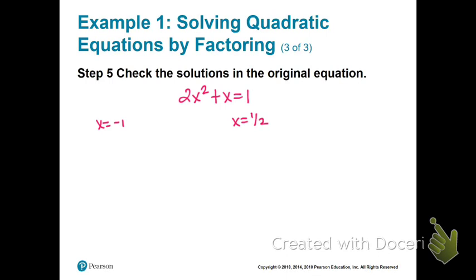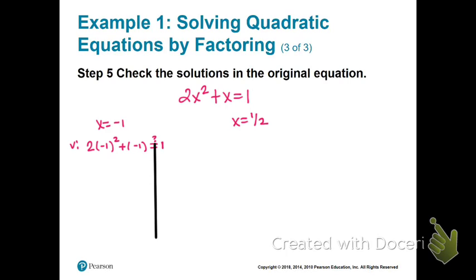So saying we should check them. So when I check this one, 2x squared plus x, and we want to know, is that equal to 1? So plug your -1 in. Remember, when you're checking, you don't move things from side to side. You work one side and then you work the other.